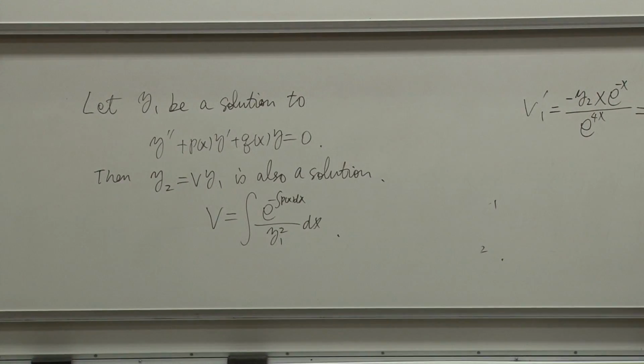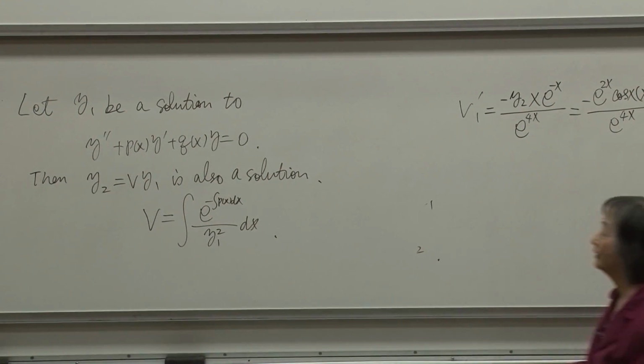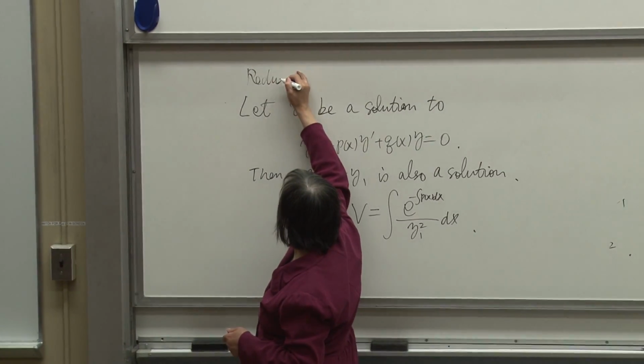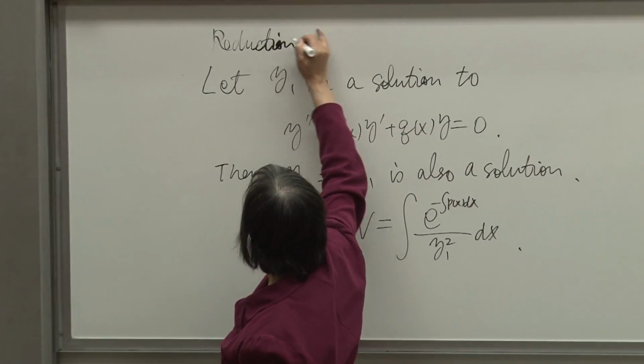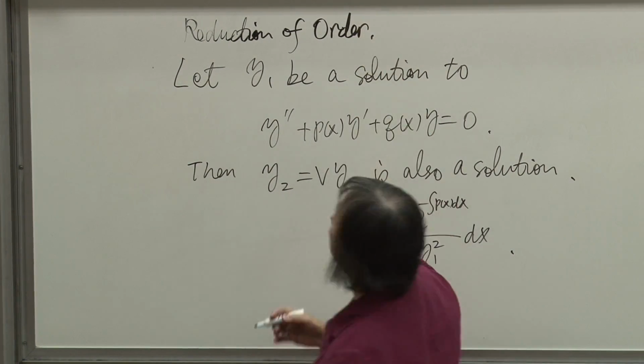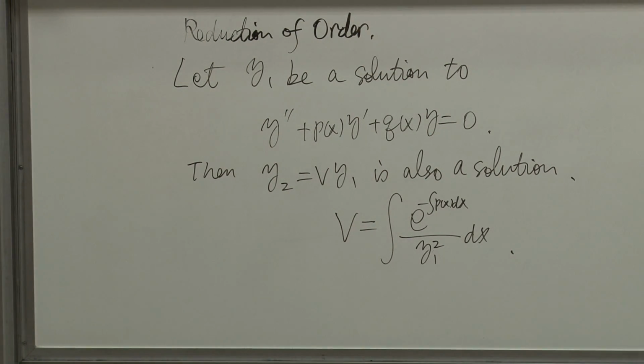What's this called? Reduction of order. So you can look at the textbook. We went over this topic very quickly in class, so you can just look at this formula quickly.